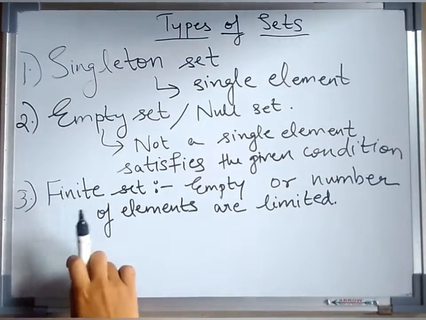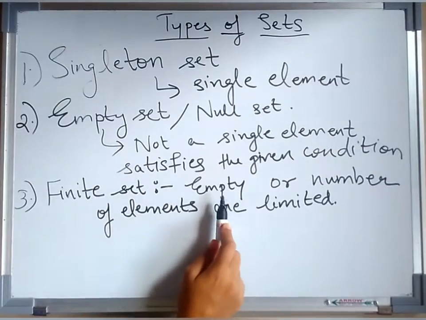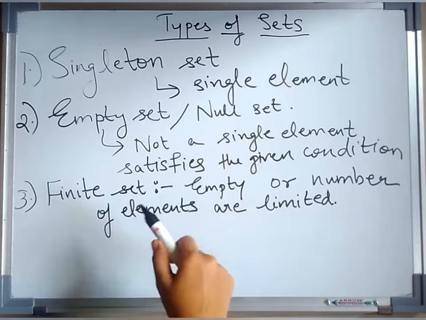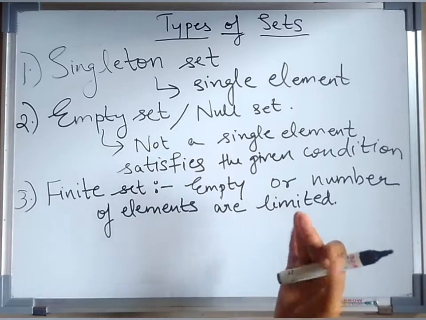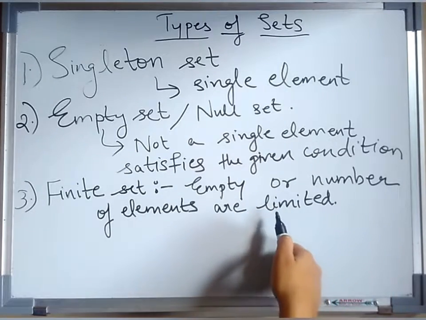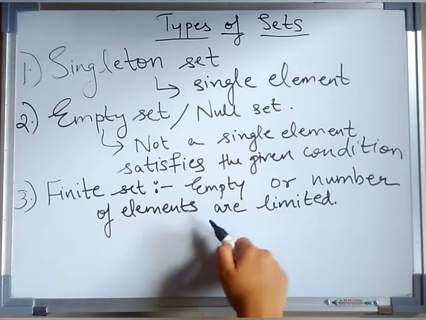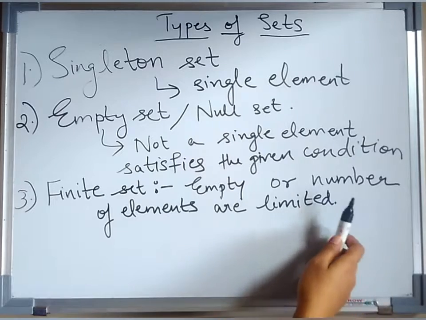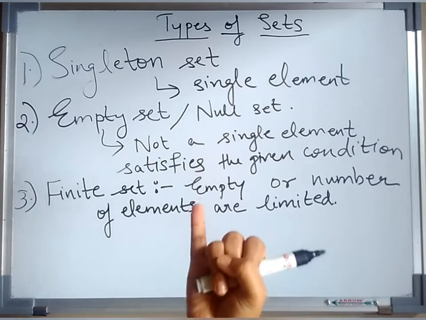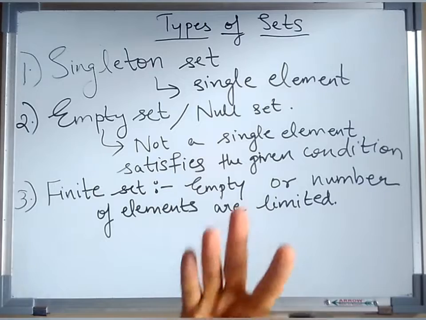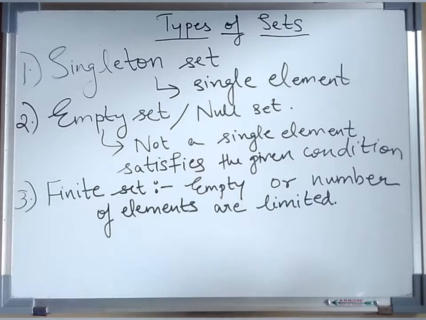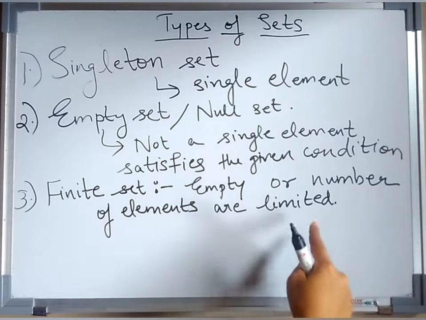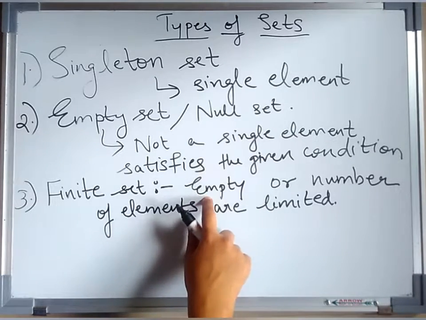That means a set is finite when either it is empty or we can tell how many elements belong to this particular set. The number of elements are countable or limited. Empty means there are 0 elements. Either the set has zero elements, or one, or two, or three, or four, or 100 elements. I should be able to tell the number of elements in the particular set, or it should be empty, that means zero.